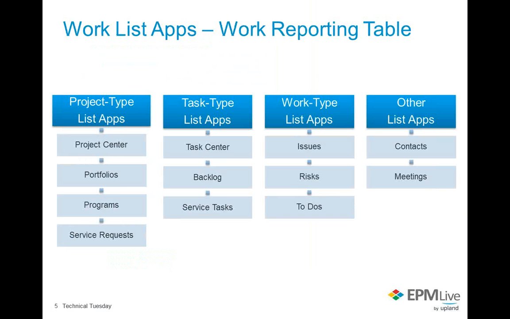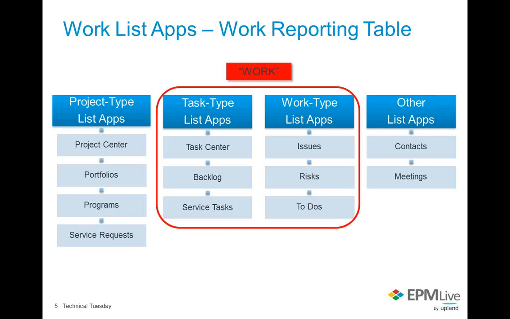Now when I talk about work lists, what I mean here is that we have various list apps in the EPM Live system. Some of them might be task type lists, such as you can see here on this column, the second column over, such as Task Center, the backlog, service tasks. Those are items that fit within a schedule, for example. We also have other types of lists using our work list definition.